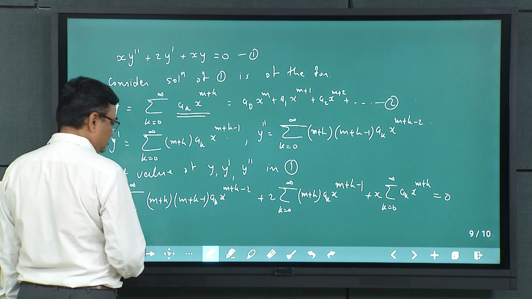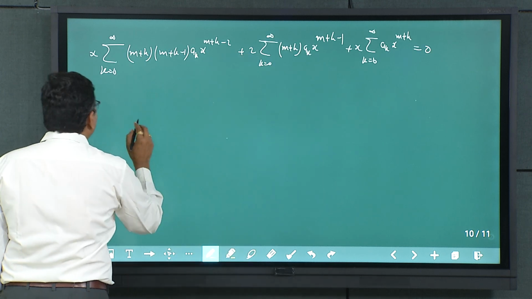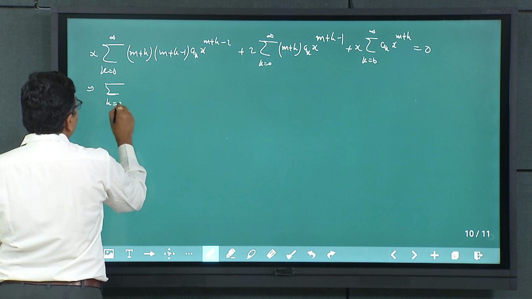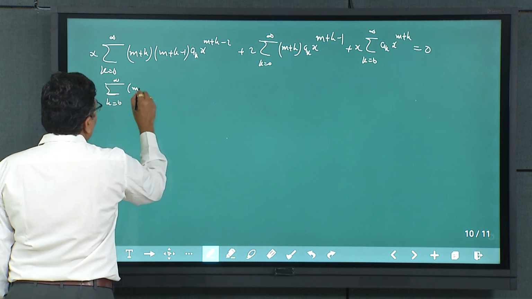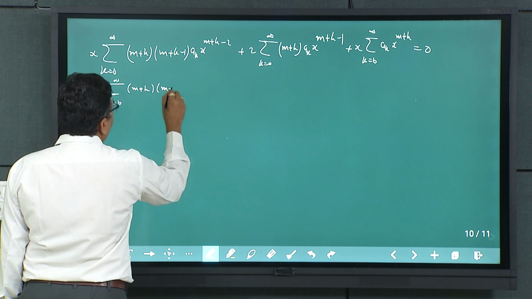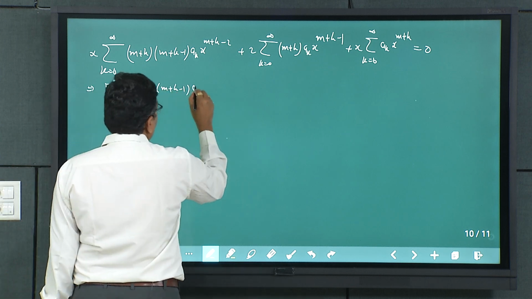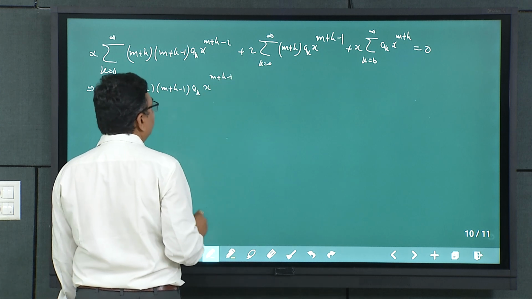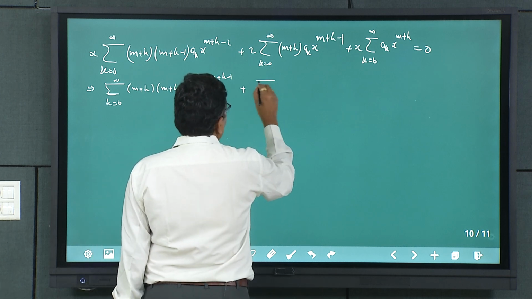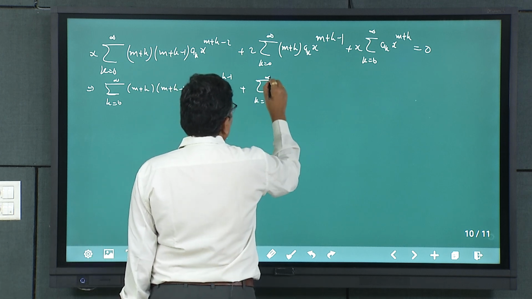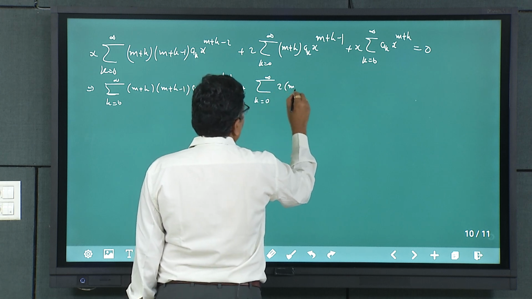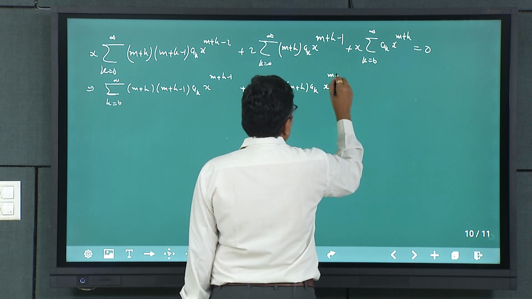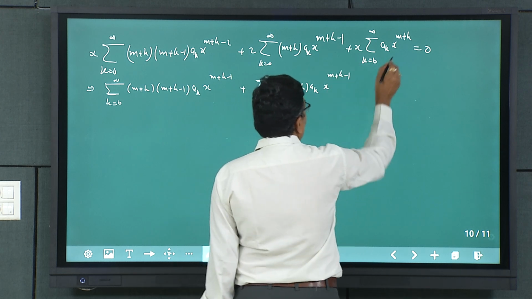So, let us copy this one. Now, multiply with x. Sigma k equal to 0 to infinity (m plus k)(m plus k minus 1) a_k x raised to power m plus k minus 1, plus sigma k equal to 0 to infinity 2(m plus k) a_k x raised to power m plus k minus 1, multiply with x.